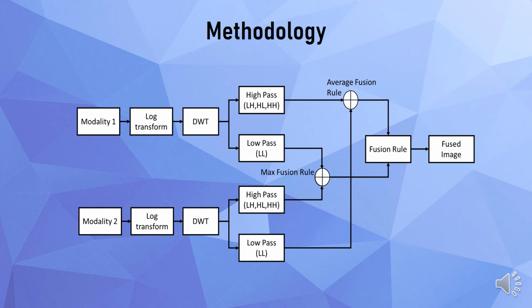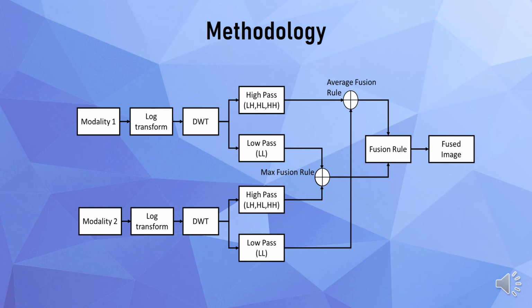We split it into the high pass and low pass. For the high pass, we take all the decomposition components which have high frequency components: the low-high, high-low, and high-high. For the low pass, it's only the low-low frequency component.